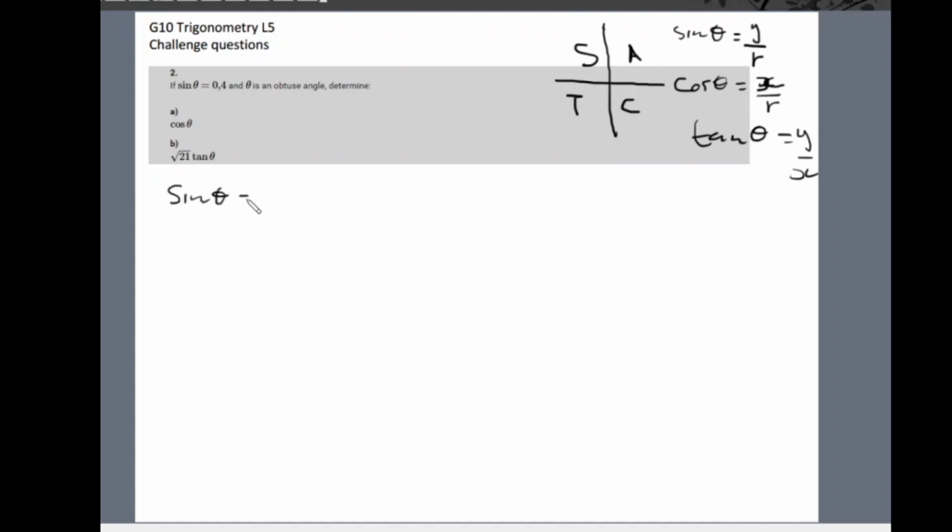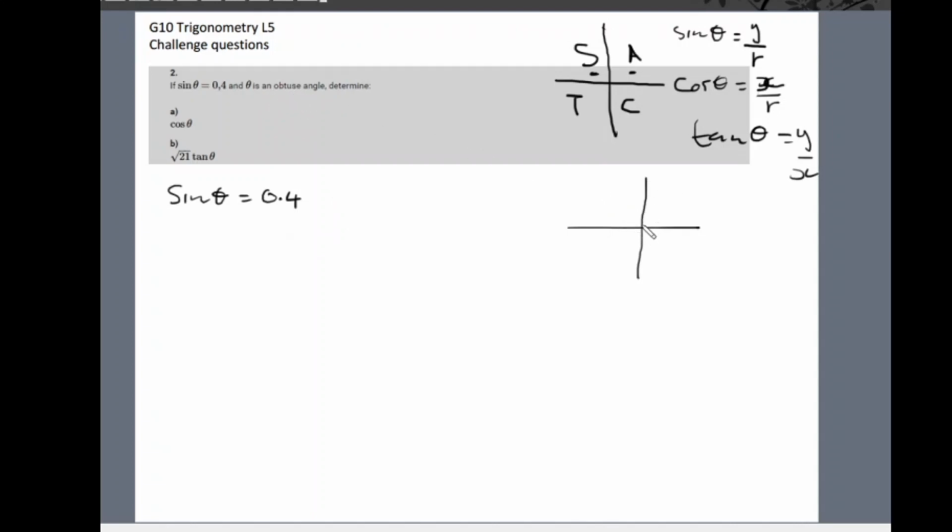So now kule question basinikela ukuthi sin theta is equals to 0.4, right? And then babuye basitshela ukuthi theta is an obtuse angle. Notice ukuthi sin theta is positive, so we are either in this quadrant or in that quadrant, right? Sin theta is positive, so we are either in the first quadrant or the second quadrant, right? So okunye basitshela khona ukuthi theta is an obtuse angle.